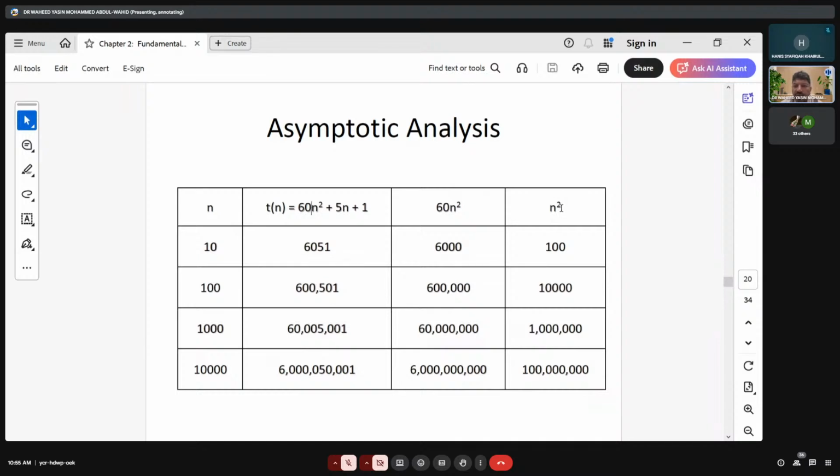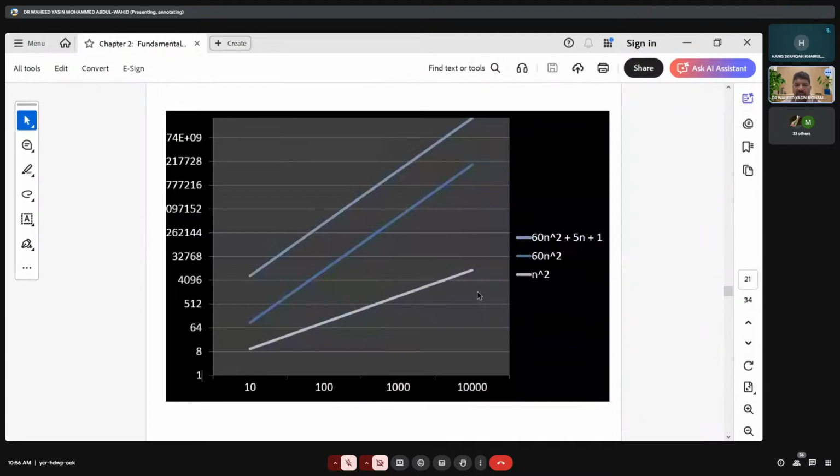For n = 100 this will be the value, for 1,000 this will be the value, and for 10,000 this will be this value. Okay? So if we have something like this, we call it asymptotic analysis.